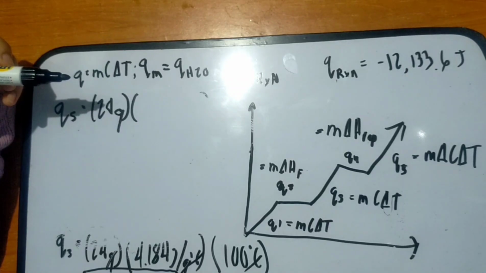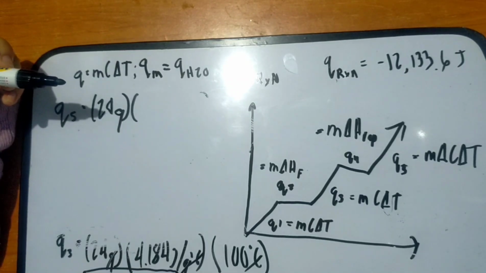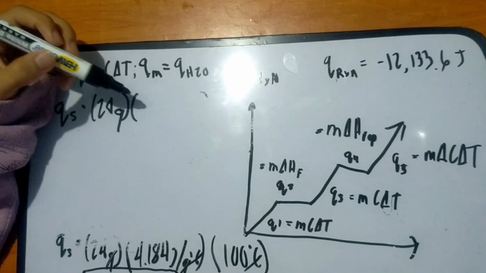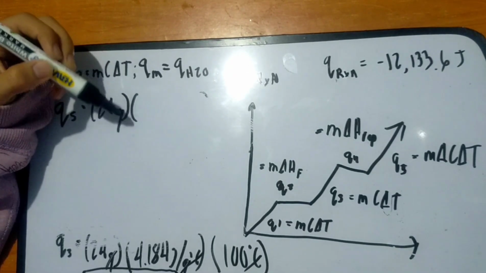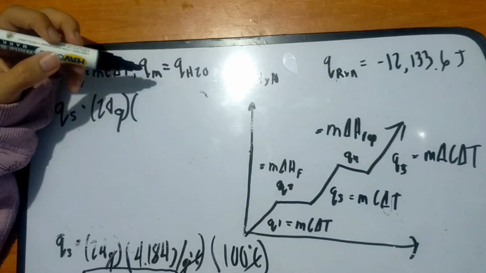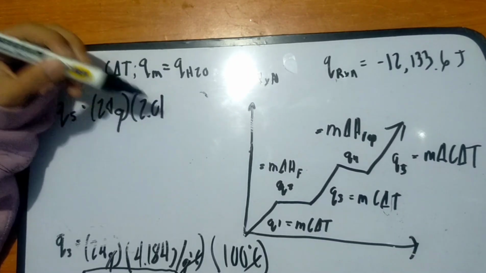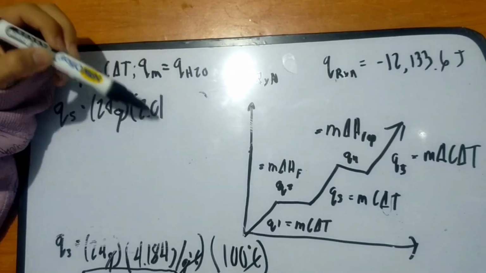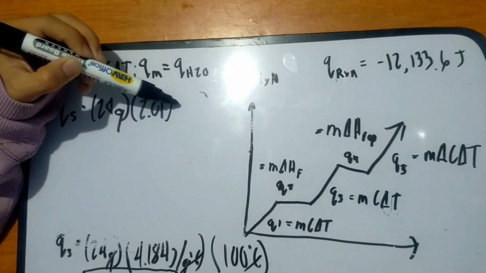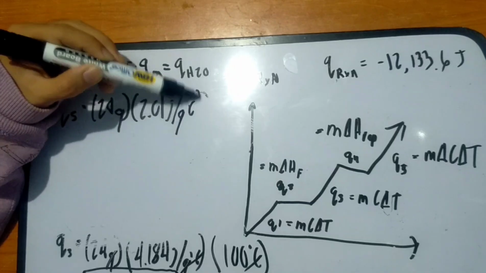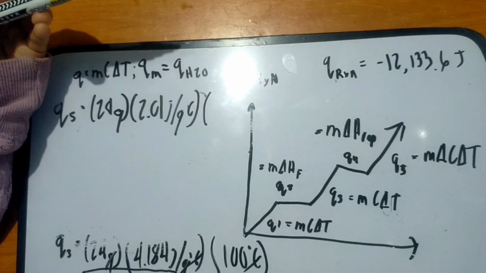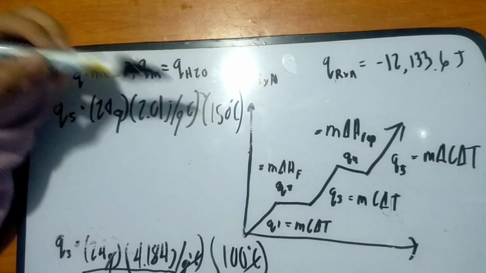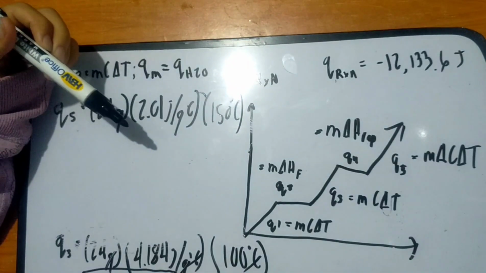So, dito, ilalagay natin is that it should be 2.01 kasi we're talking about the steam. Steam na siya. So, 2.01. Kasi nag-undergo na siya water and then vaporization, it now turns into steam. So, joules per grams per Celsius. Then, its temperature is 150 degrees Celsius. Ngayon, mapapatanong kayo, bakit 150 degrees Celsius?